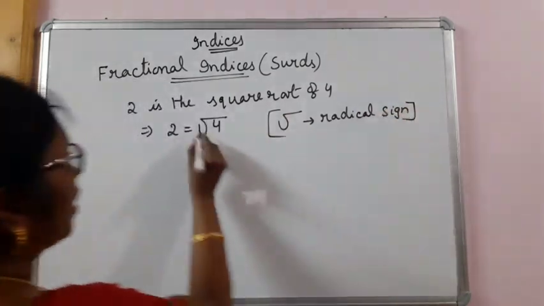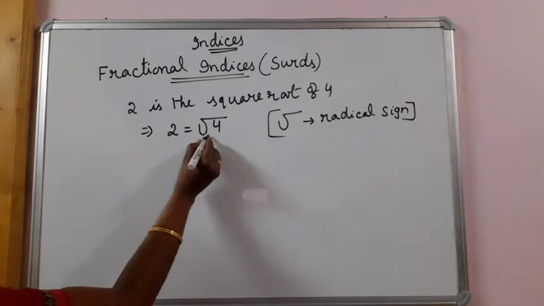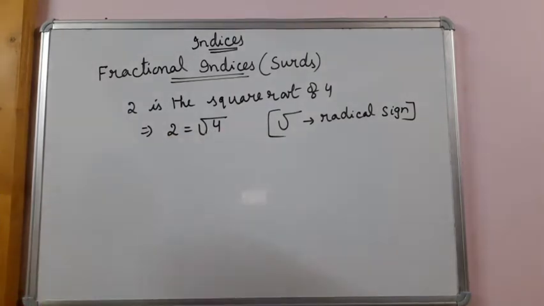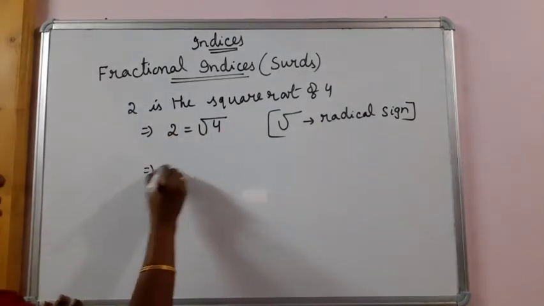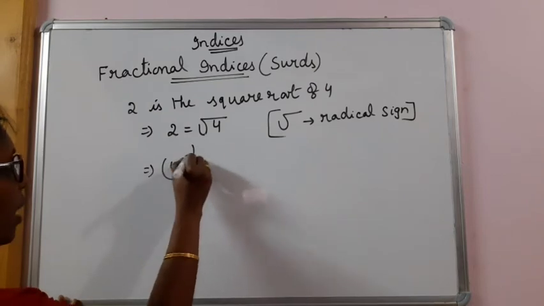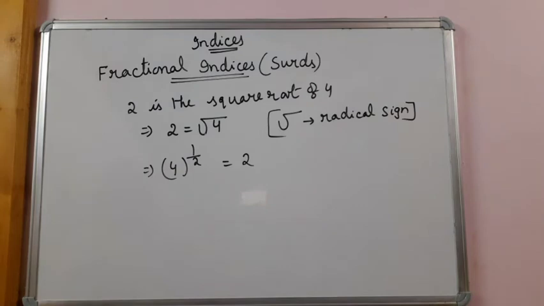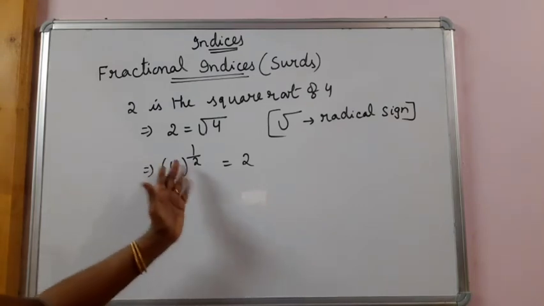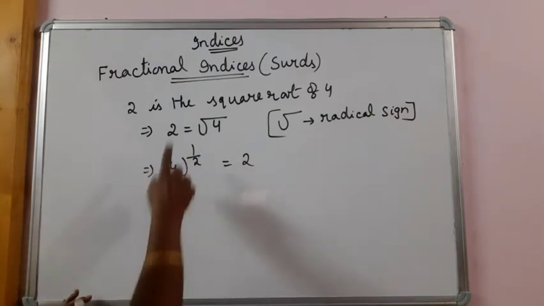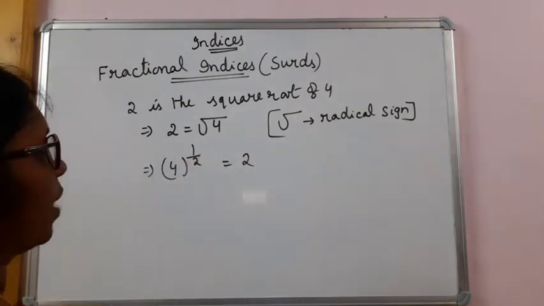For square root we need not write anything. Square root of 4 is equal to 2 means 4 to the power 1 by 2 is equal to 2. You can have a doubt how 4 to the power 1 by 2 is equal to 2. Square root means power 1 by 2.